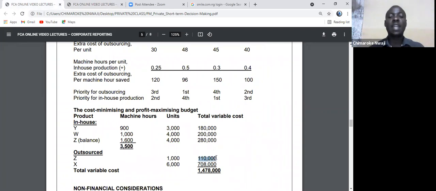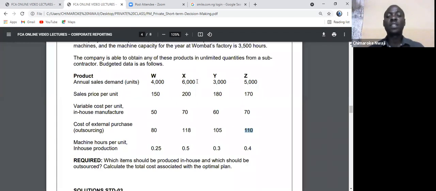And then we are left with X. We can no longer take anything after we've taken 4,000 units of Z. That means we will never touch X. It means the whole of X, which is 6,000, will be outsourced.